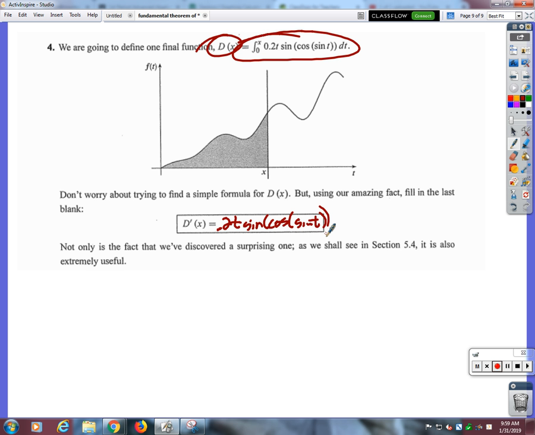What changed is this symbol and that symbol are now gone, because we took the derivative of the integral, and so those things canceled each other out.